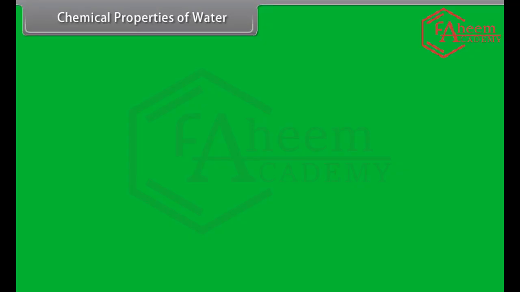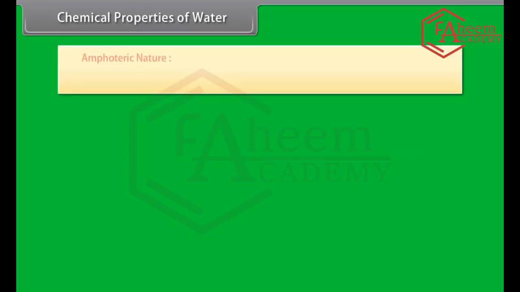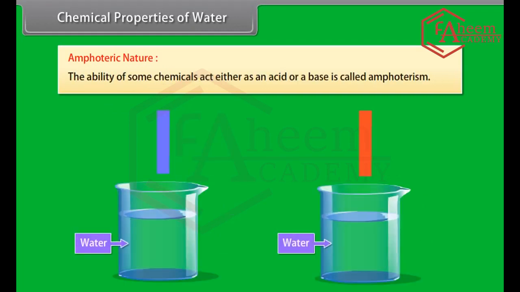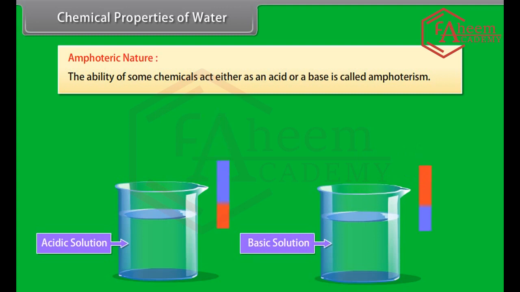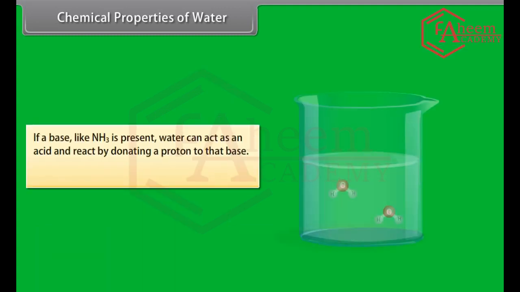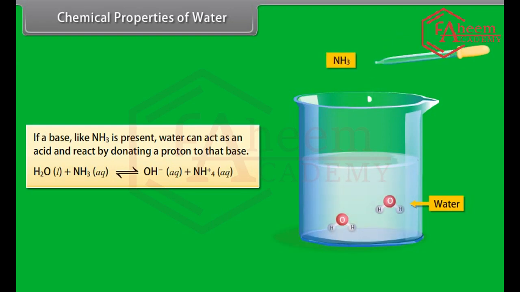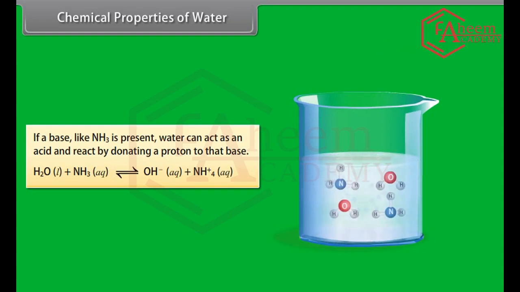Chemical properties of water. Amphoteric nature. The ability of some chemicals to act either as an acid or a base is called amphoterism. If a base like NH3 is present, water can act as an acid and react by donating a proton to that base.